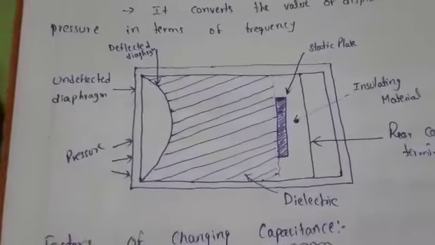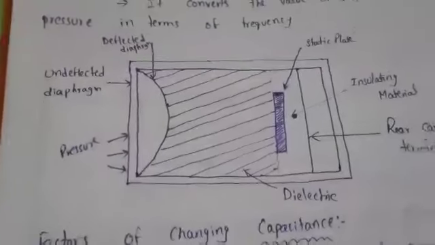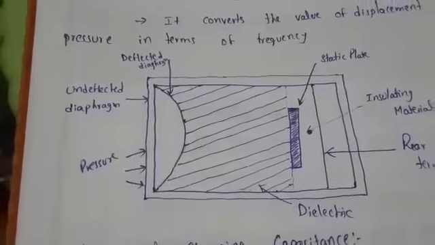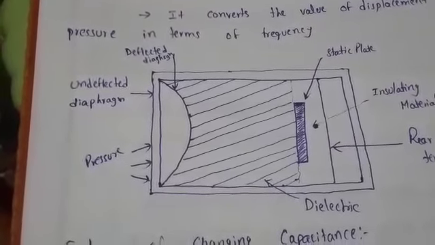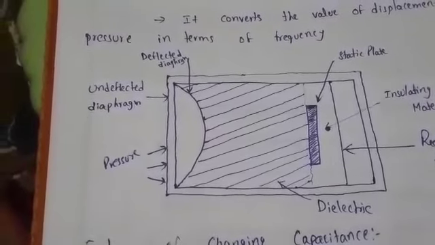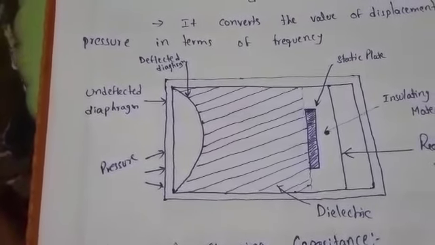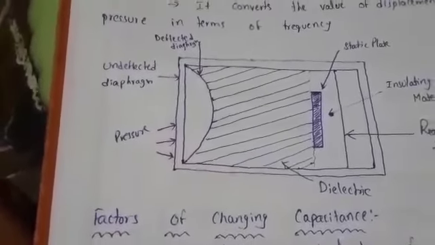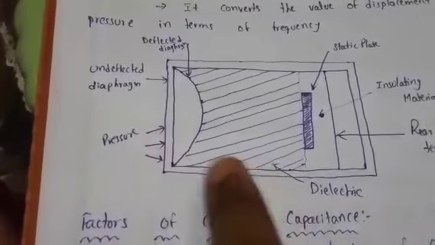If you see the working operation of this capacitive transducer, it has a static plate and a flexible diaphragm with a dielectric in between them. Whenever a force is applied to the outer side of the diaphragm, the distance between the plates will decrease.